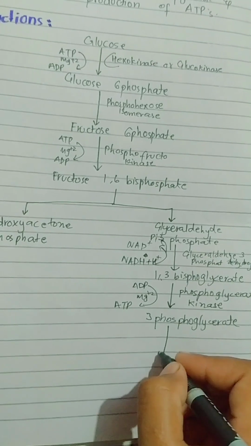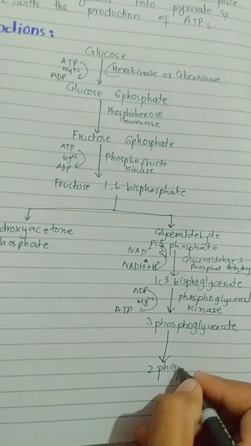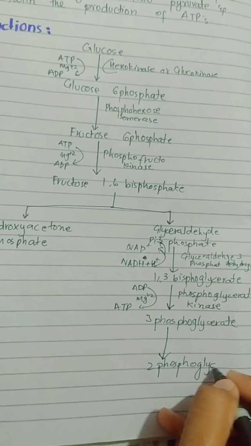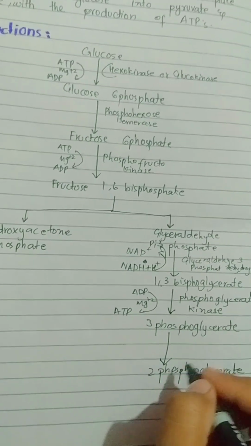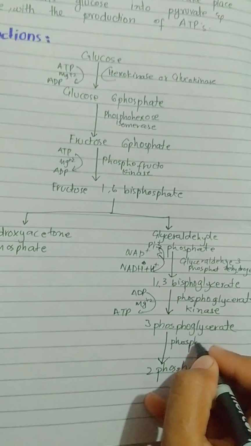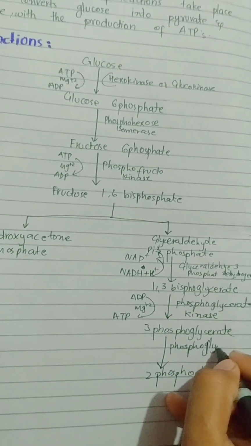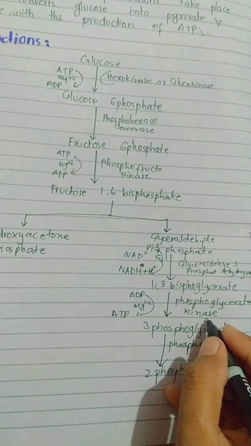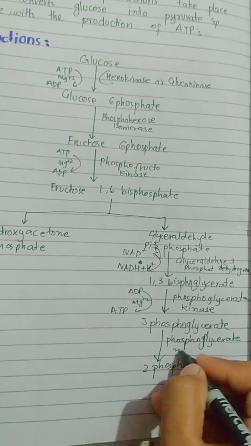Then 3-phosphoglycerate converts into 2-phosphoglycerate. The enzyme used is phosphoglycerate mutase, not kinase like the previous reaction.